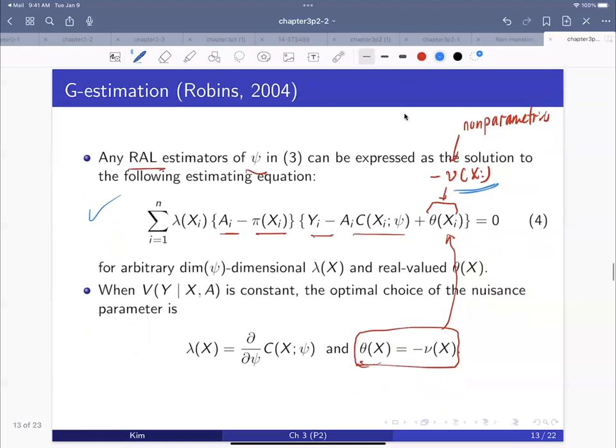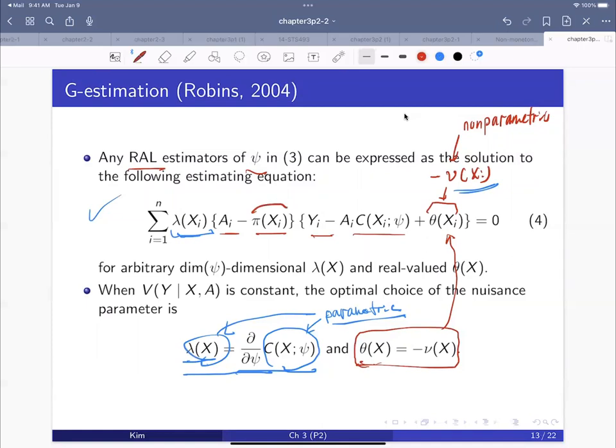And then the choice of lambda. This is parametric, so that means lambda is also parametric, but pi could be non-parametric.